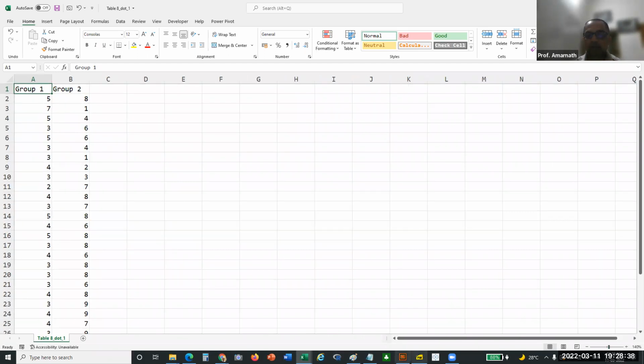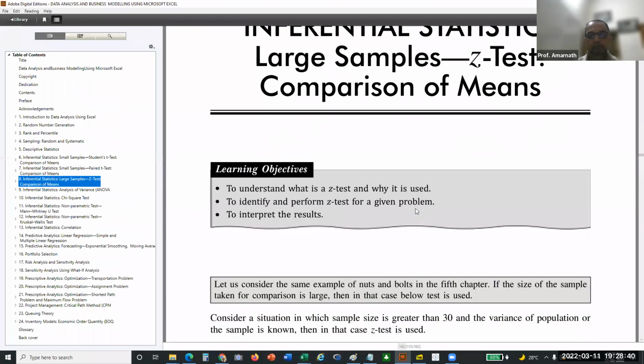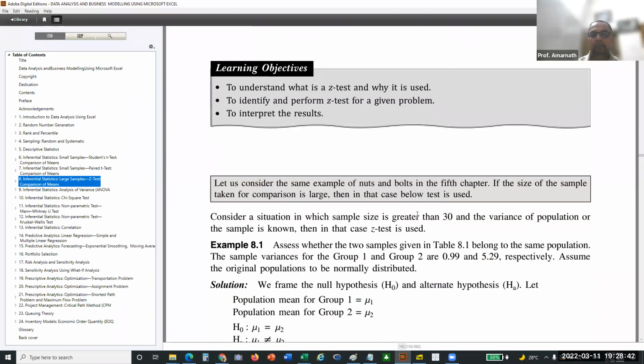What is the context? Here the situation is the sample size is greater than 30 and the variance of the population is known, then in that case this test applies. So I should know the variance of the population and the sample size should be more than 30.